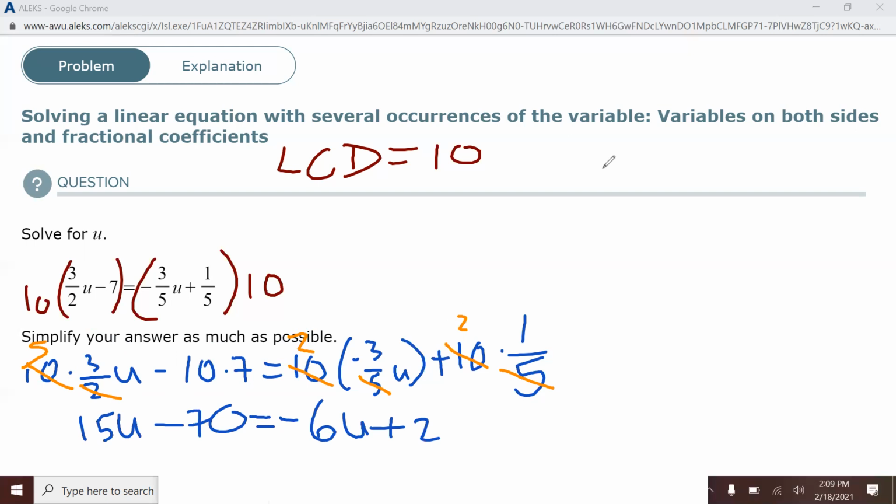Obviously, the problem is now more simplified than it was. So at this point, let's add 6u to both sides to get the u's together so that there is only one u in the problem.